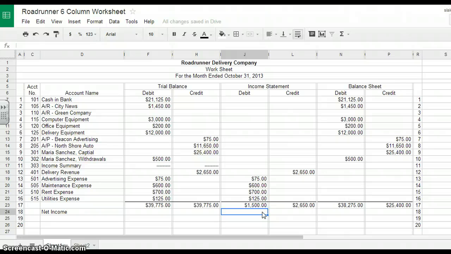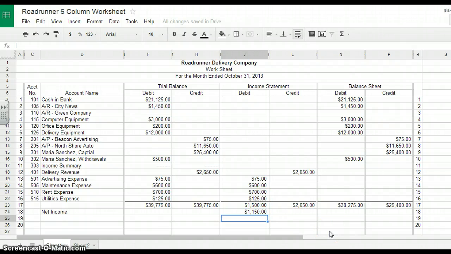We are going to enter our net income into the debit side or the debit column of that income statement section. Okay? So in order to find what net income is, we're going to take our revenue minus our expenses. Okay? So I'm going to do a simple formula in here. I love formulas. Okay? I'm going to do the equal sign, and I'm going to click on my revenue minus my expenses. Okay?